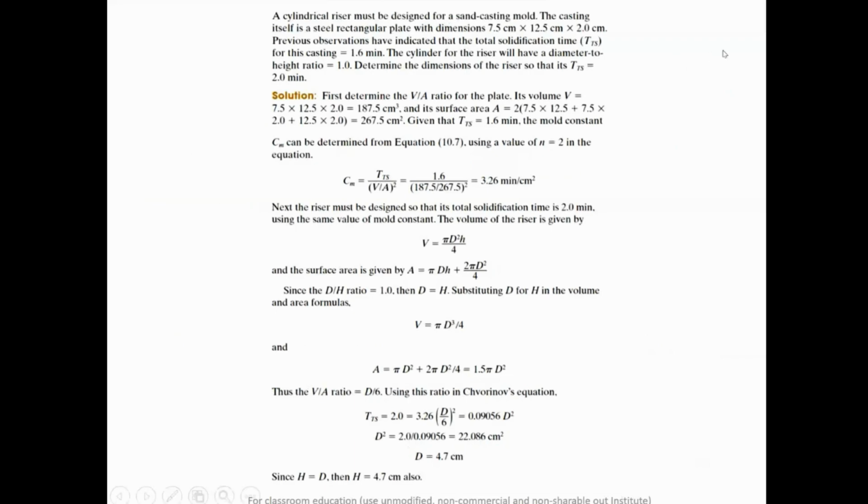The concept of solidification time and the design of the riser can be understood with the help of this particular problem, which I have taken from the book of Groover. A cylindrical riser must be designed for a sand casting mold. The casting itself is a rectangular steel plate with dimensions of 7.5 cm by 12.5 cm by 2 cm.